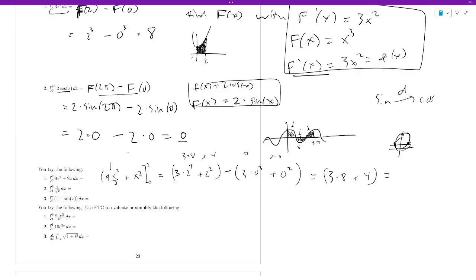So that's 24 plus 4. So that's a template for how you can write these problems. First write the antiderivative, write the two numbers plugged in, and then proceed like that. Okay, so give those a shot, and then we'll check out the next section.